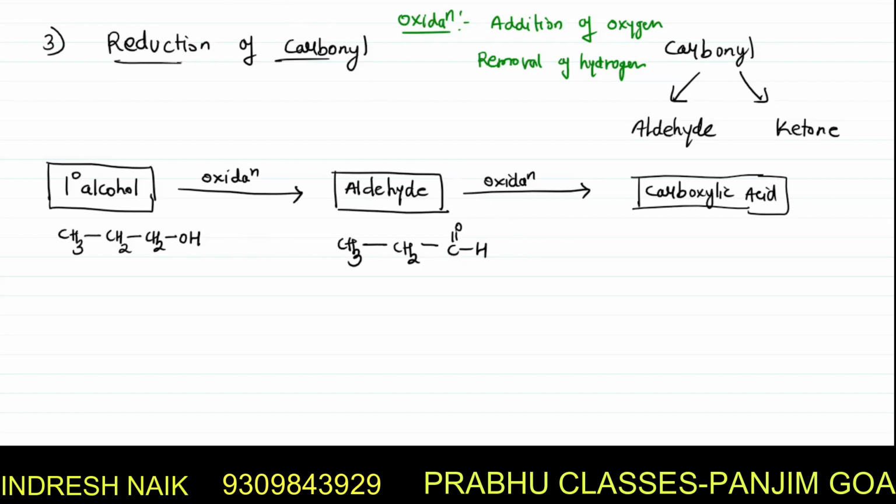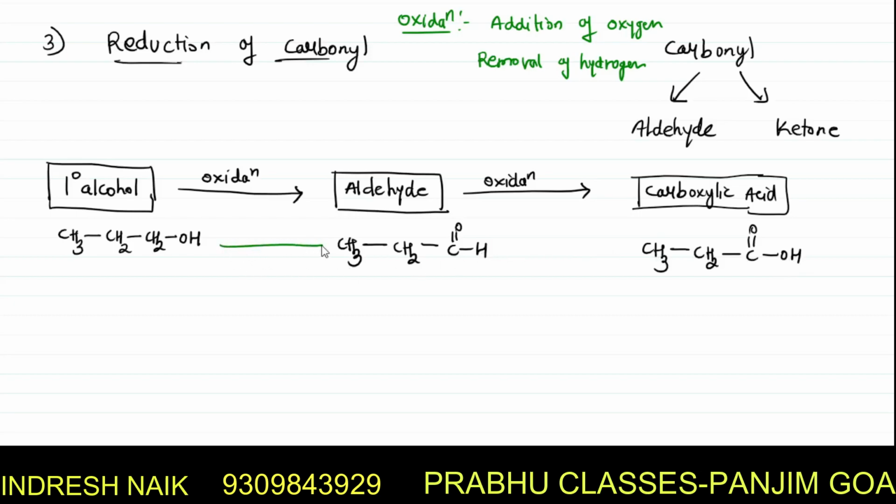Further, if I do the oxidation of the aldehyde, what I am going to get is a carboxylic acid, CH3CH2C double bond OH. Now, why is this an oxidation? Because from here to here, there is an addition of oxygen. You see, there was no oxygen over here, and an oxygen is added.